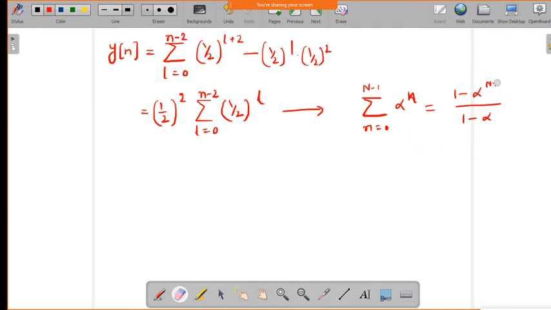So now evaluate this expression, which is equal to 1 by 4 into. Since it is n minus 2, you can write it as 1 minus half power n minus 1.